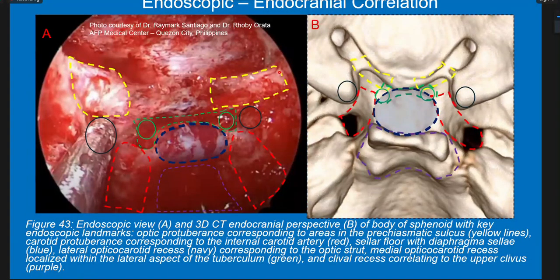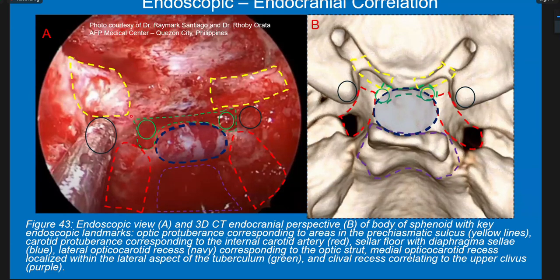You can see here from the endoscopic view, you have the optic impressions. You have the optic protuberance, the carotid protuberance, and you have the tuberculum, and you have the pituitary fossa.